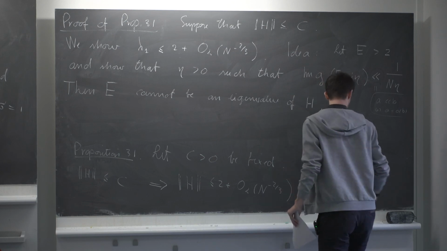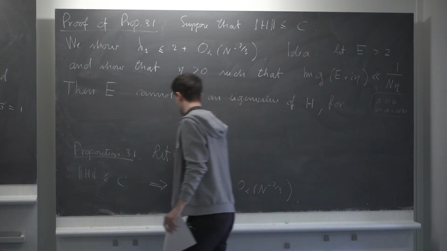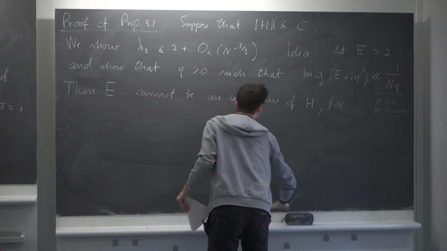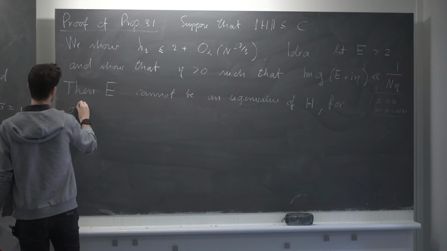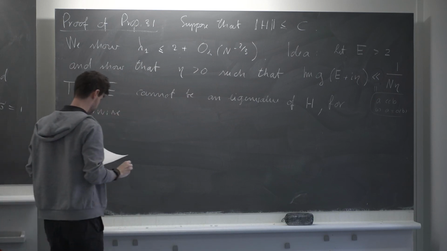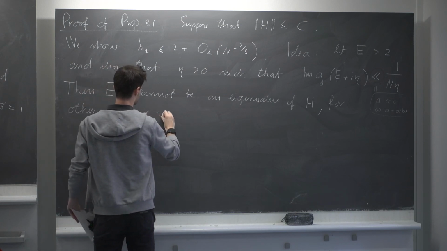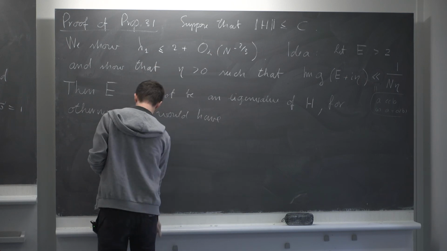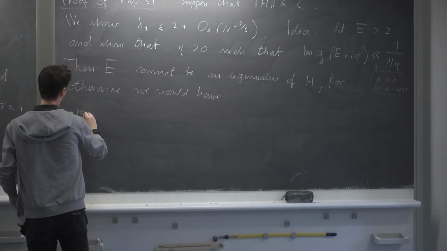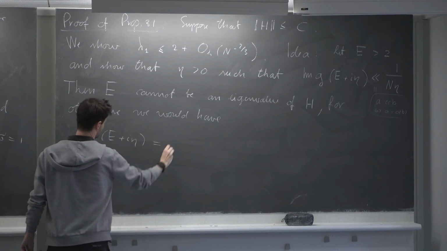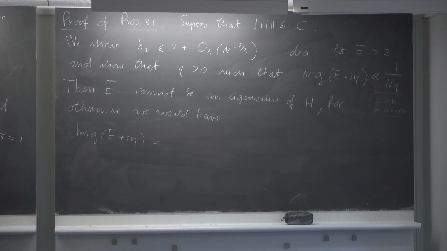Why? For otherwise, if E were an eigenvalue, we would have the imaginary part of G. Let's compute this guy.